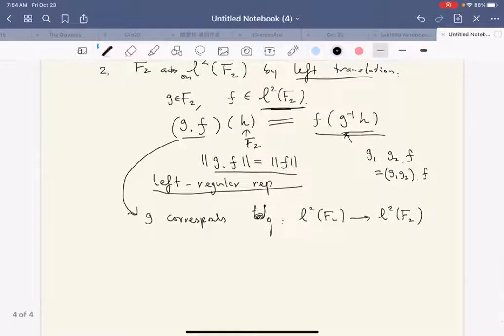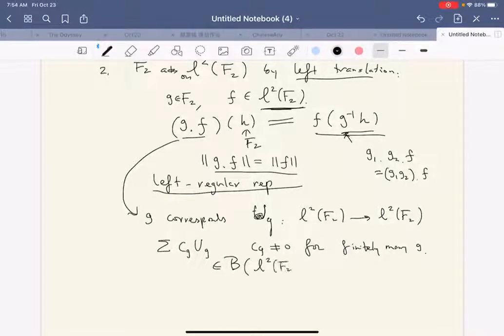And you can see that UG is an operator, and I'm taking a finite linear combination, with C_G not equal to 0 for finitely many G. These elements are bounded operators on the Hilbert space little L2 of F2.